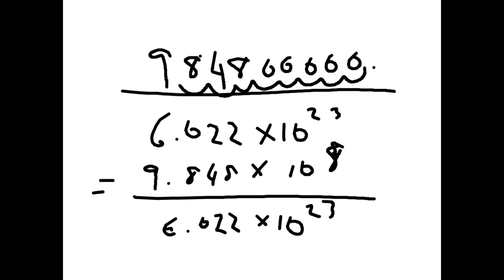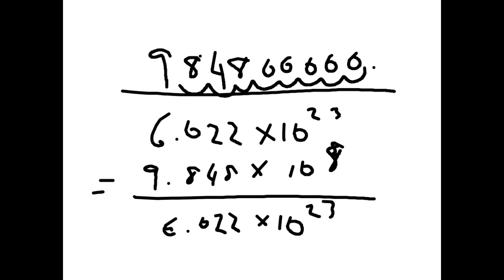Think of this. I may have to just do this here, folks, quickly. 9.8, whatever, times 10 to the 8, divided by 6.02 times 10 to the 23. Let's think about this. 10 to the 8 divided by 10 to the 23, if you were to just factor that, what would it be? 10 to the 8 minus 23, correct?